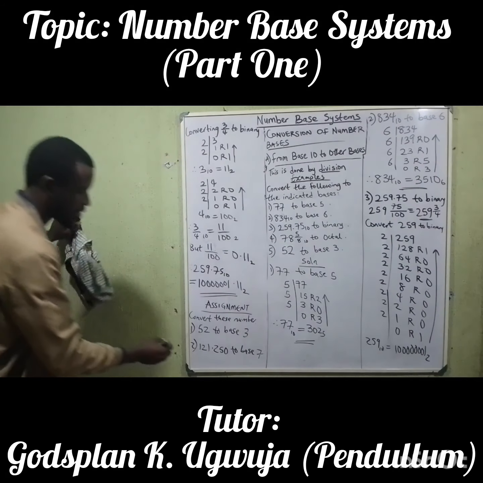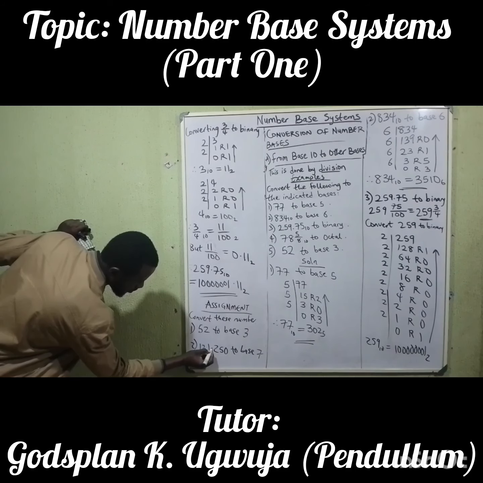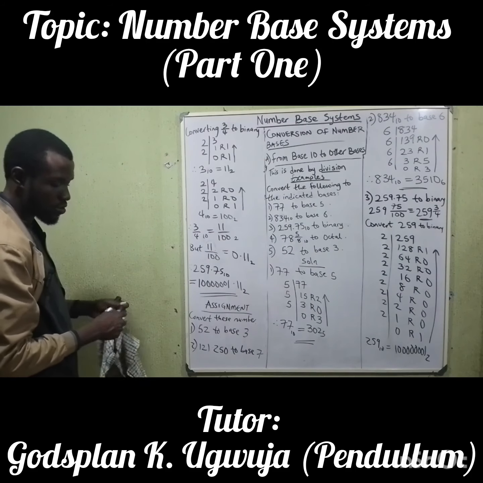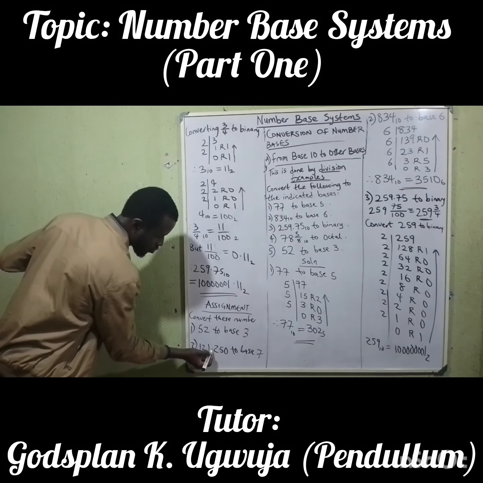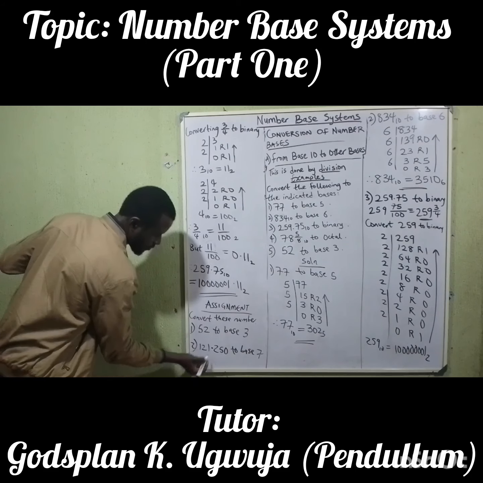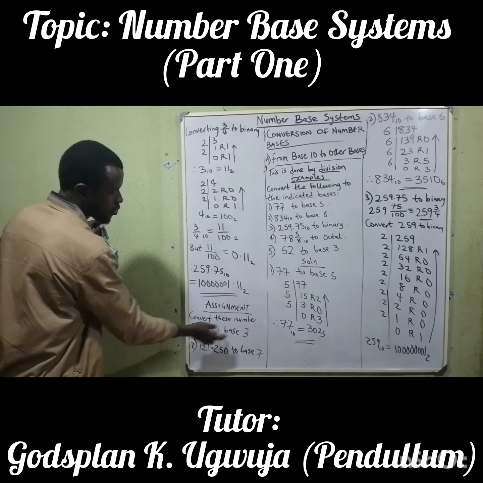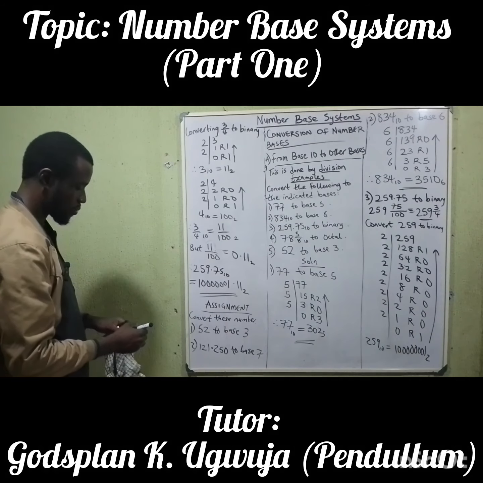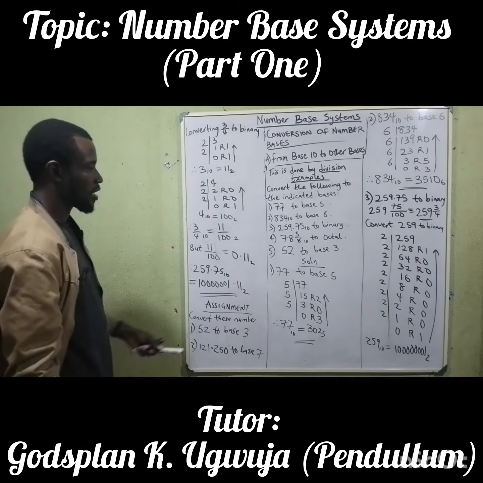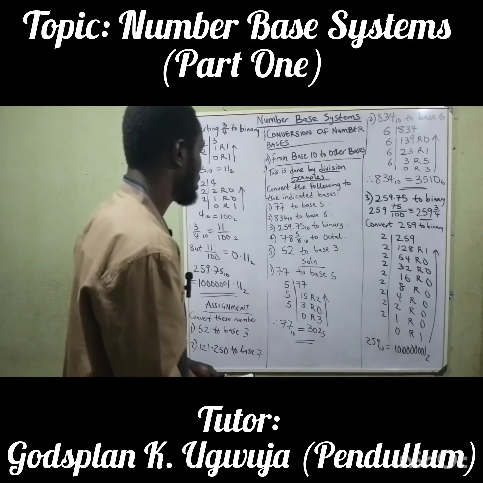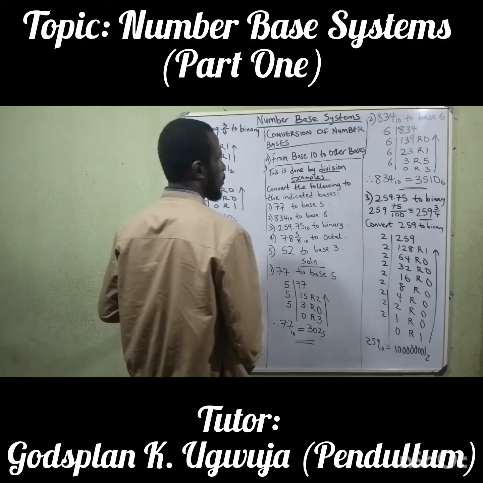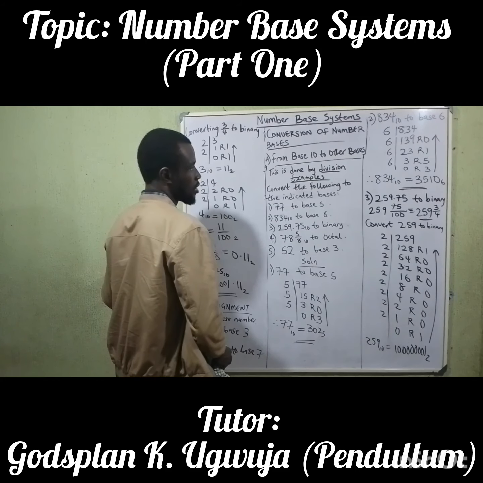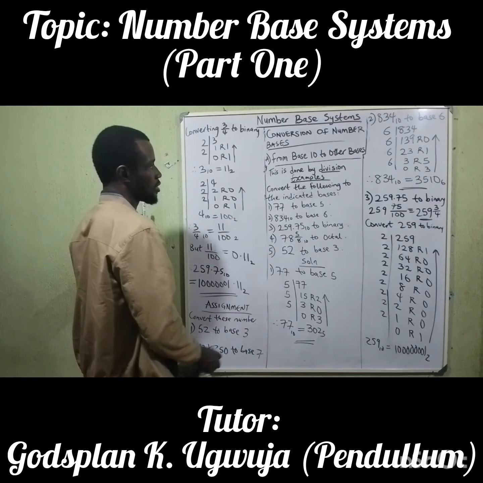Alright, so try these two as the assignment. This is 121.250. Okay, 121.250. 52 to base 3, 121.250 to base 7. Try these two as the assignment while I solve this number 4, and then we'll call it a day.